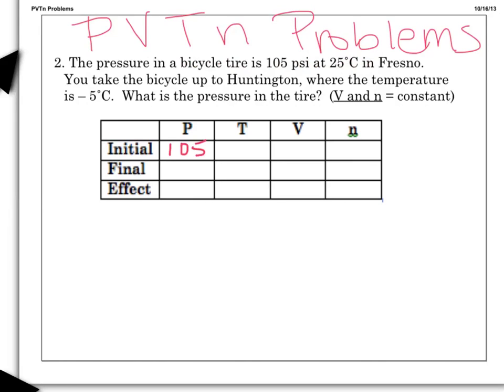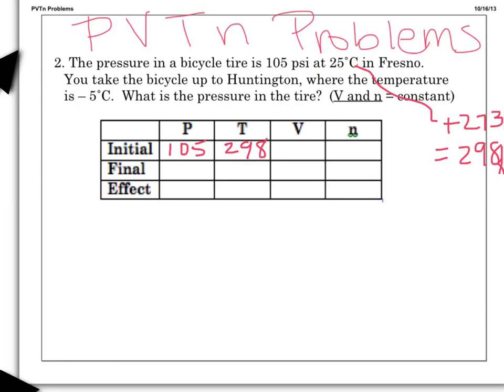Well, 25 degrees Celsius is temp, but we have to remember that we want to add 273 so that we get Kelvin, and that gives us 298 Kelvin. That's because for any gas equation that we use, we have to use Kelvin temperature and not Celsius. Just like what we did in the lab, we saw that we didn't get a 0 point on our graphs with Celsius, but we do with our Kelvin.